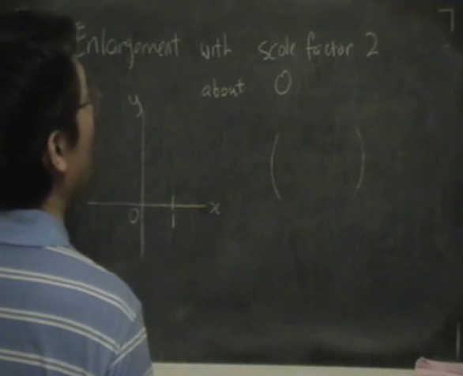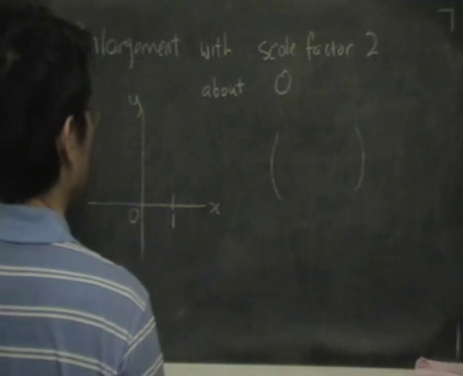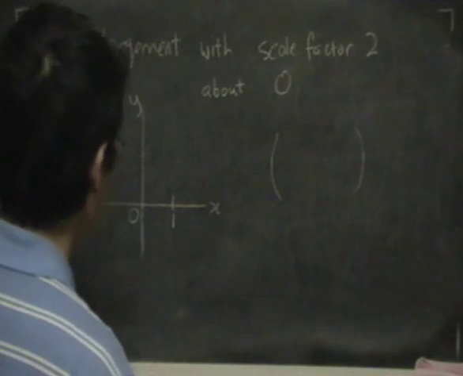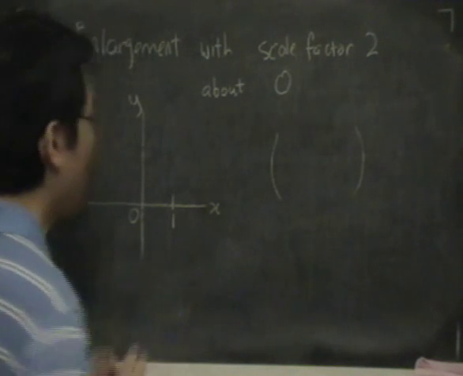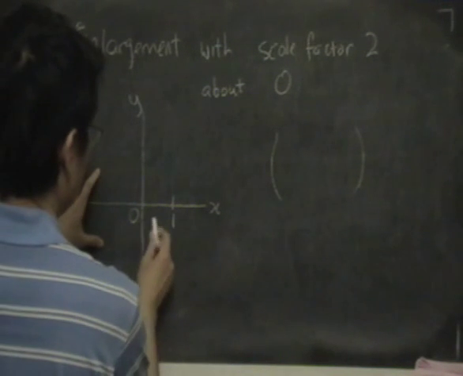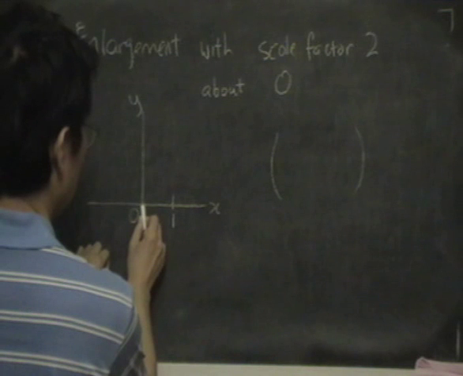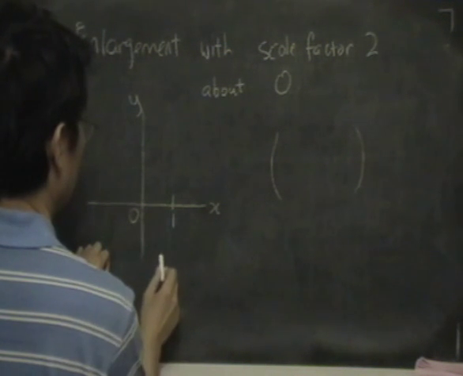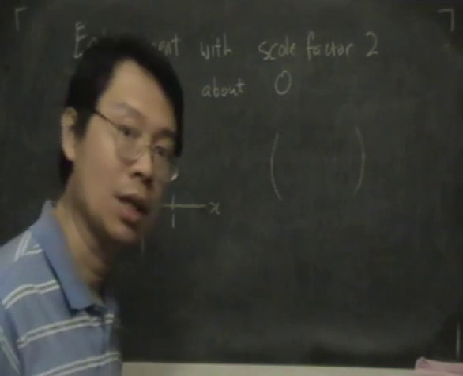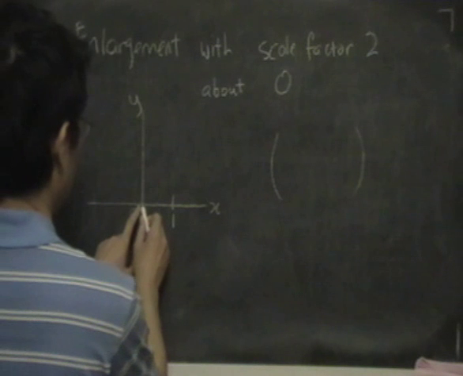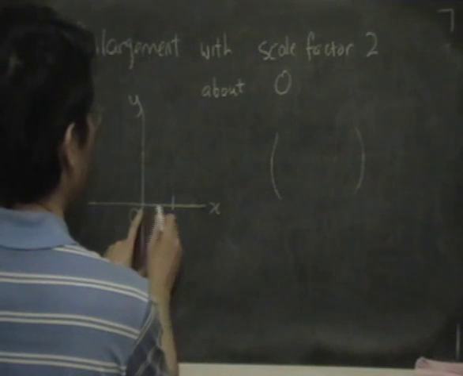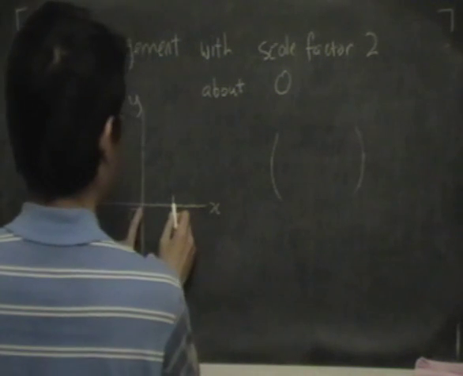Alright, so let's look at this point now. We want to enlarge about the origin with a scale factor of 2. That means that to find the image position, we can imagine drawing a line from the origin to this point. If you remember what I said in the last session, we draw a line from the center to the point, and then I multiply that distance by 2.